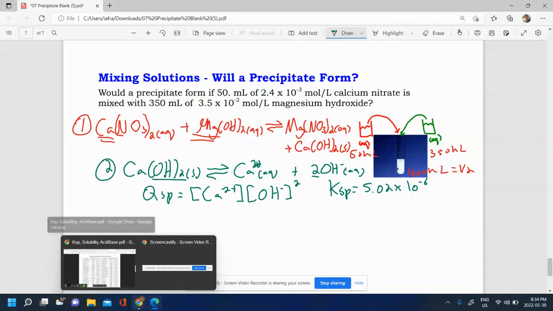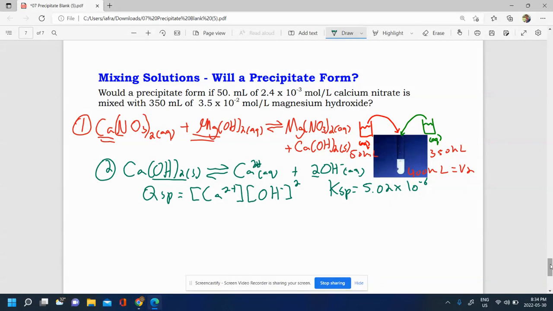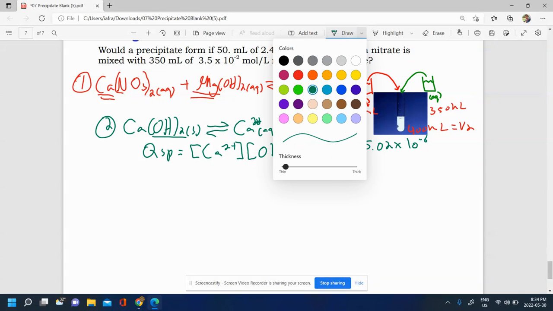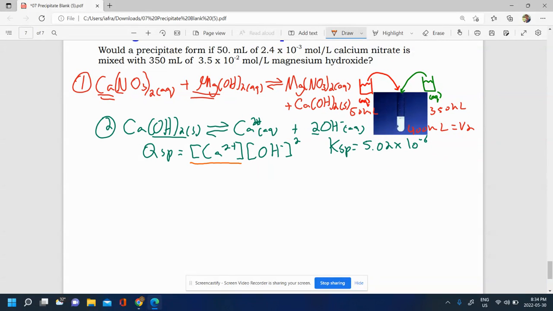So our goal is going to be to find the concentration of these ions in this new solution so we can determine the QSP. So let's go tackle the calcium first. So we want to find the concentration of calcium, and the calcium comes from a calcium nitrate solution. So let's go ahead and do that. We're going to make an ICE table for calcium nitrate.